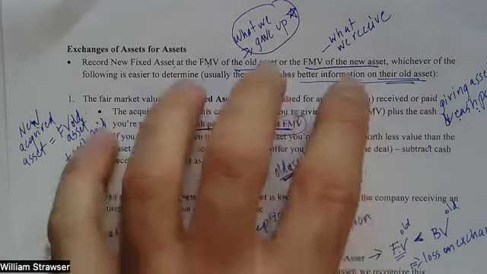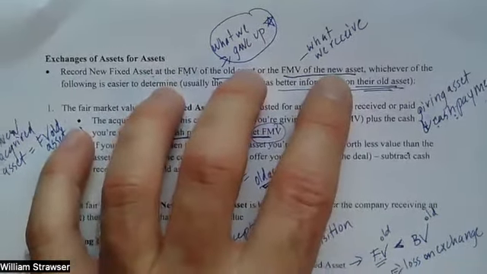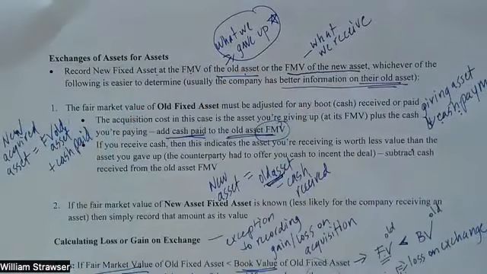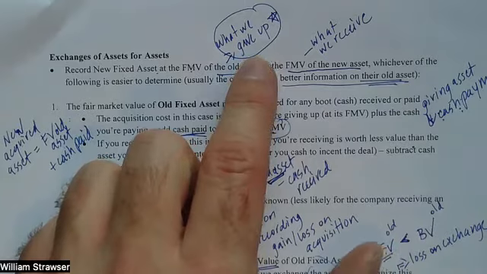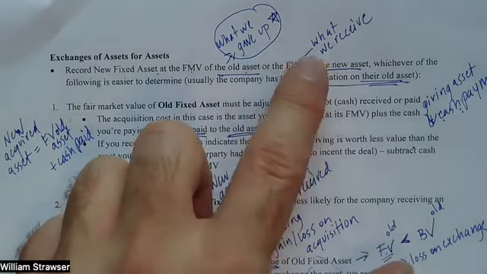And, you know, it's still really based on this idea that the only thing we have to determine what we want to record the new asset at is what we gave up, right? That's typically what we've been using, with a notable exception in the equity. If our equity is private, if it's hard for us to assign a value to the equity, then we might base it on what we receive.